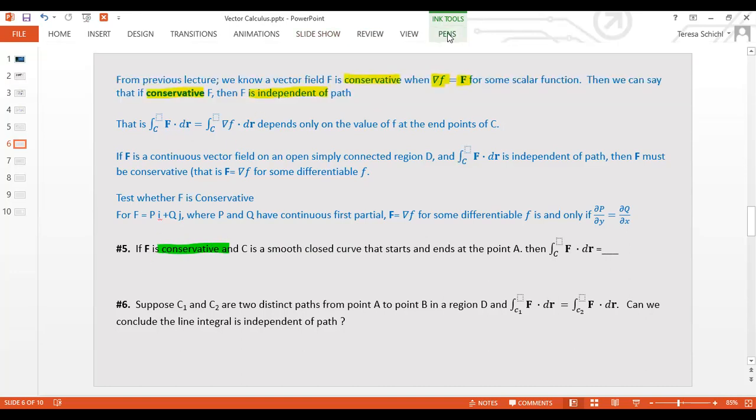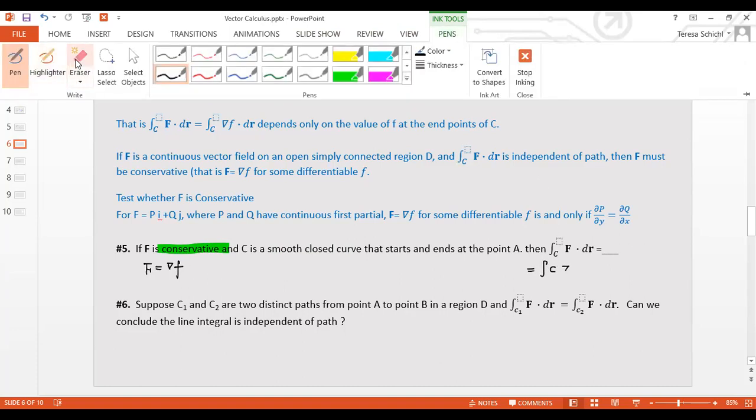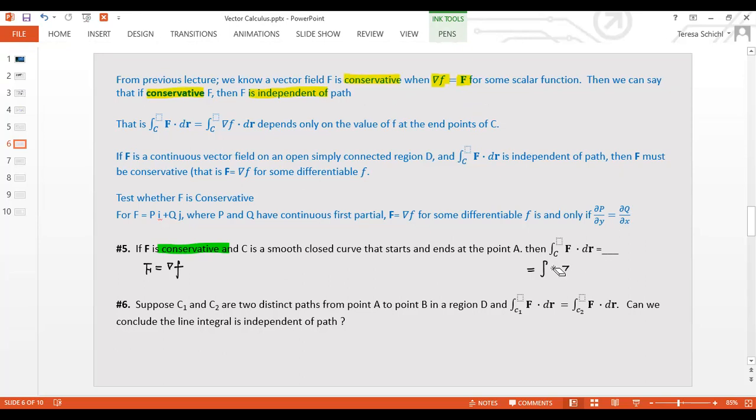That means I can find some function whose gradient is equal to my vector field. So now I have the integral over C, and I'm sorry, C is on the bottom here, it's not a constant, of del f dot dr.